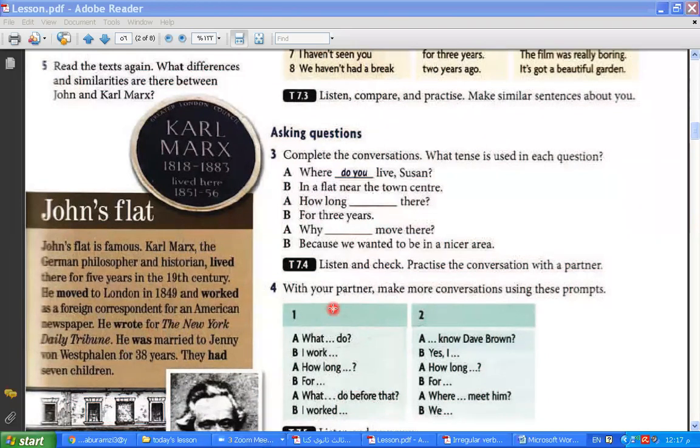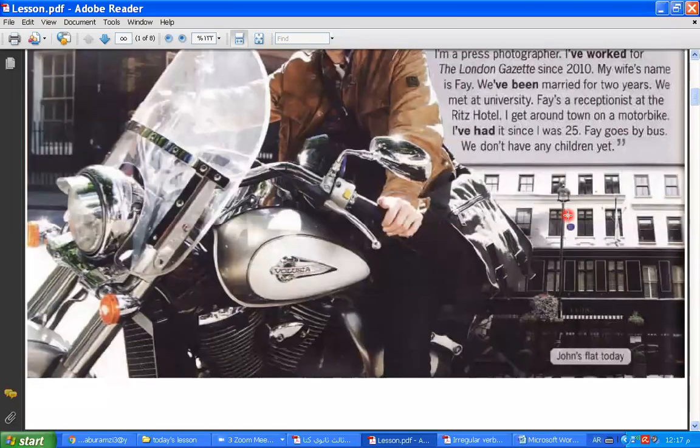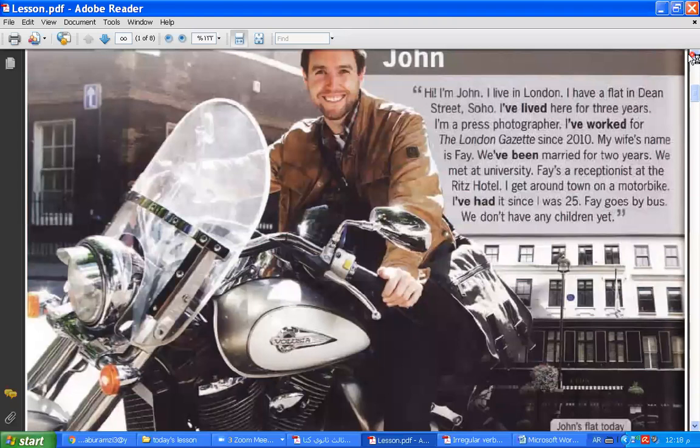Okay. So we want to know what are the similarities between him and John. Who can give me similarities? Come on. Teacher, can I? Both of them lived in London. So number one, they lived in London, or they moved to London.